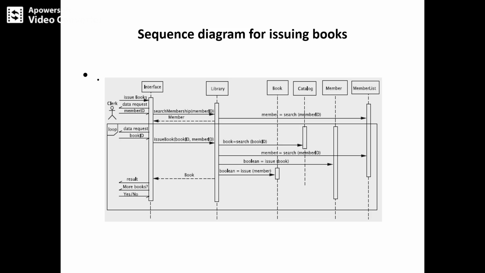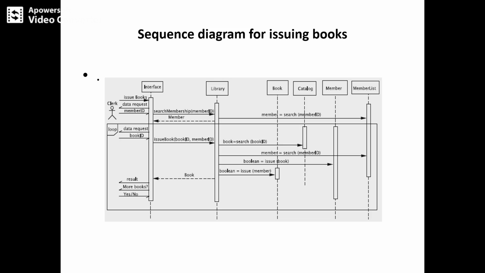Again there is a data request from the system to the clerk, and the clerk enters the book ID, the book that is going to be issued. So issue book ID, followed by a comma, and the member ID is a must. Here we need to create an object, book equals search book ID.